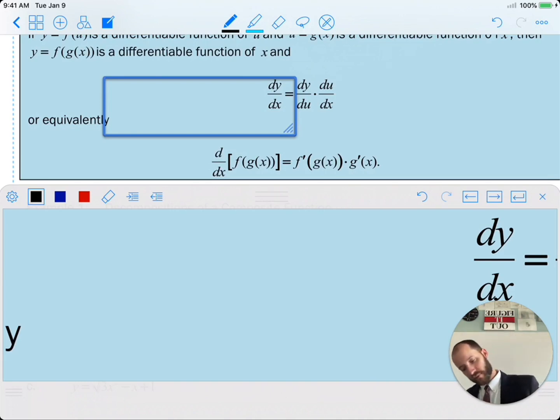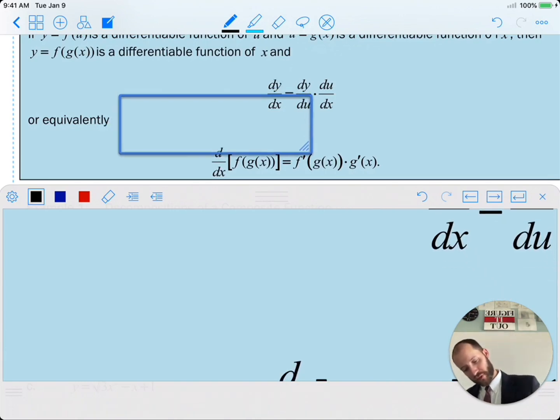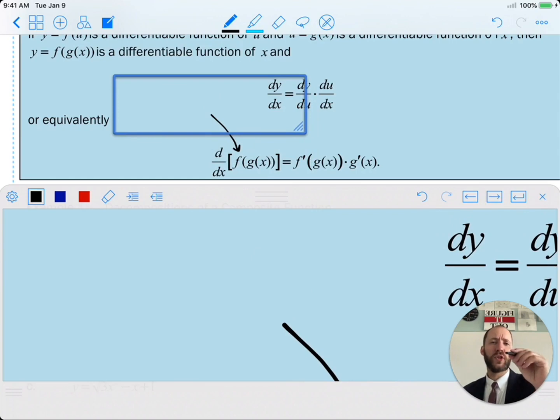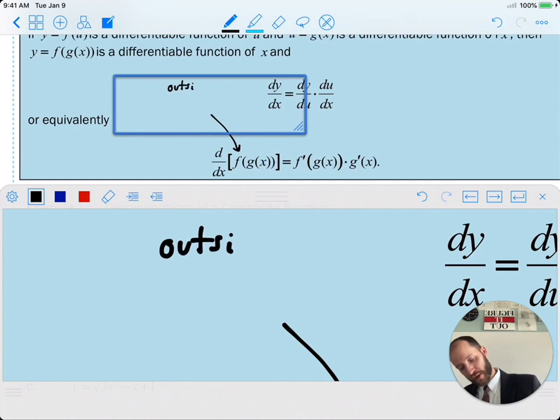So let's start with the f. So the f, you could denote that as the outside function. But I'll be upfront, a lot of times when talking about these functions, I will say the overall instead of the outside.